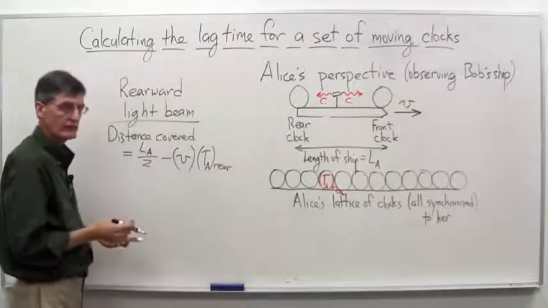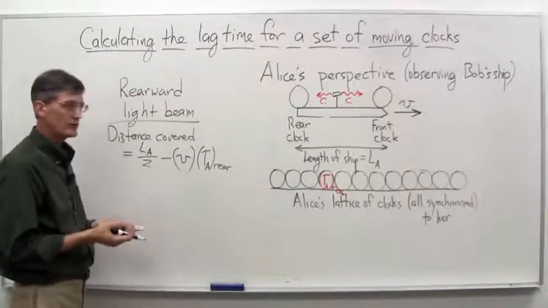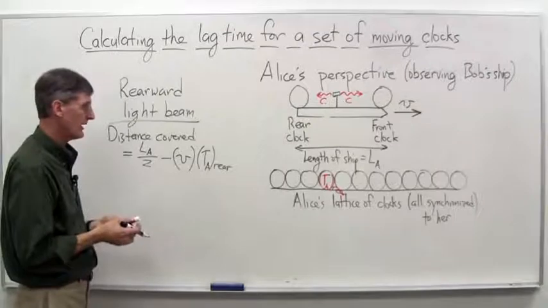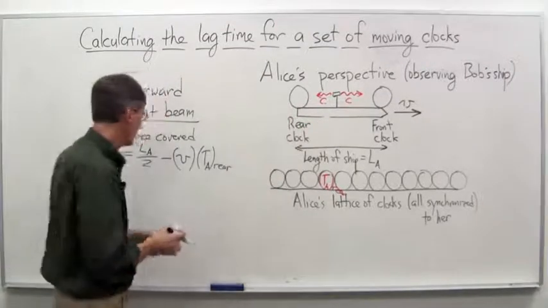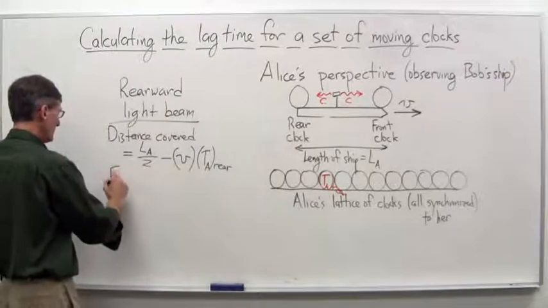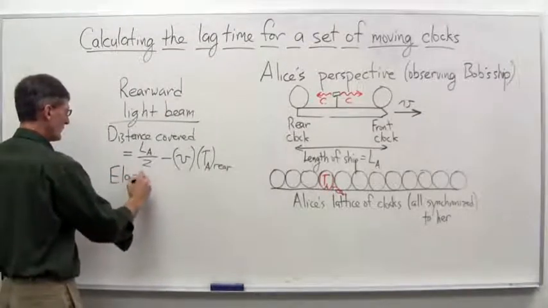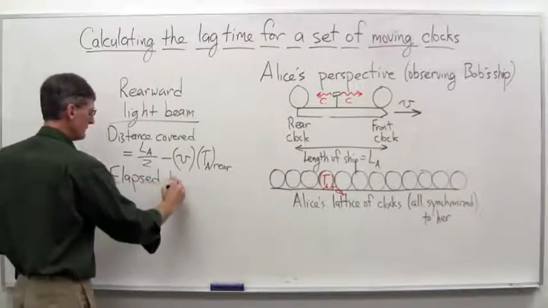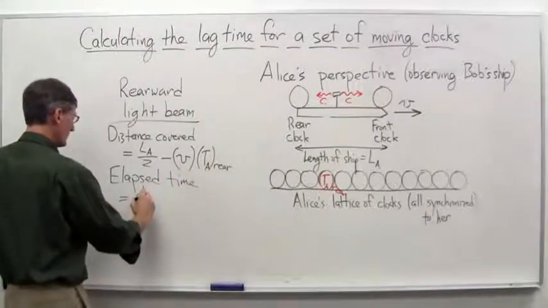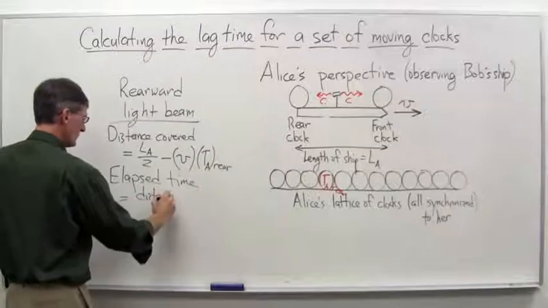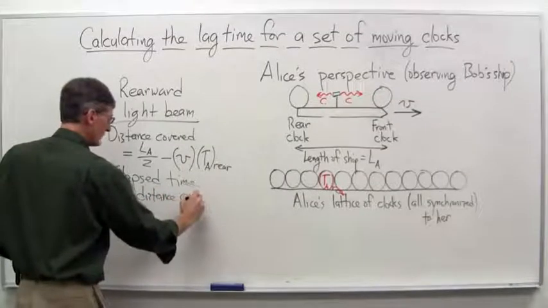Okay, so that's the distance covered. And the next question is, how much time does it take to cover that distance? Well, it's a light beam. It's going at speed c. So the elapsed time for the rearward light beam is simply the distance covered, the distance it has to travel.